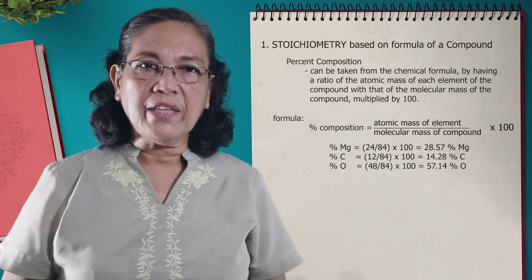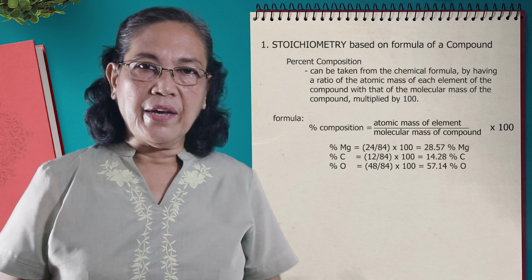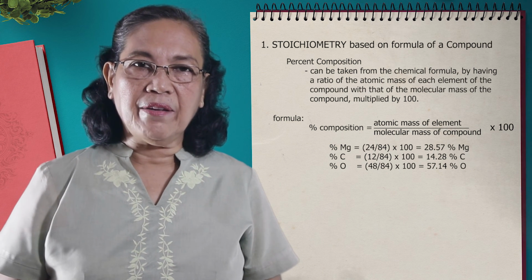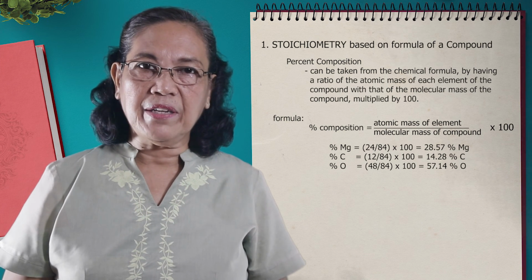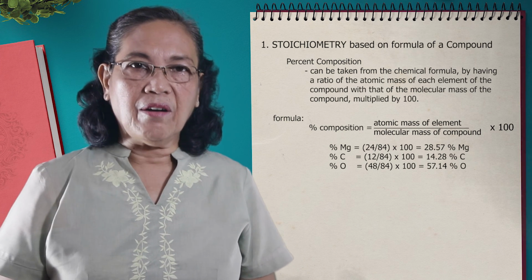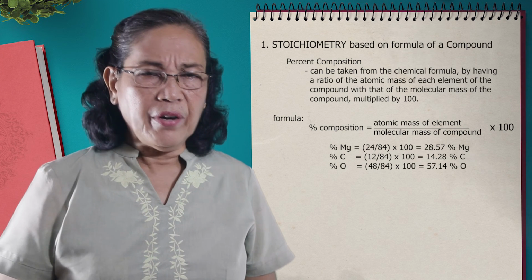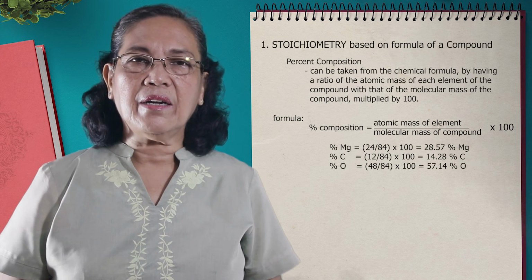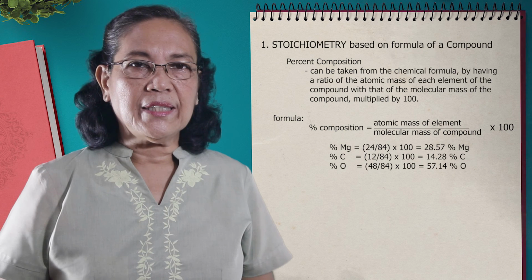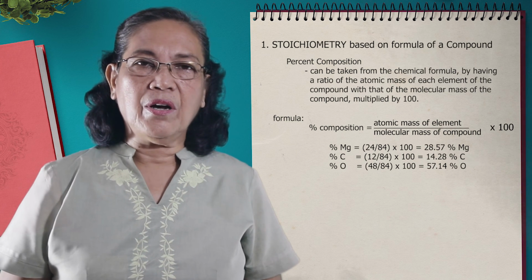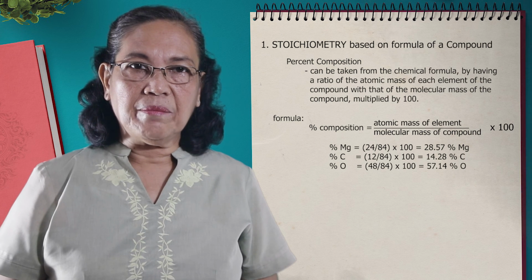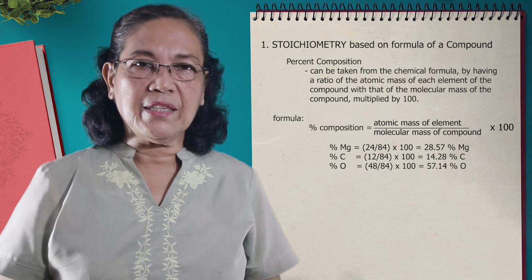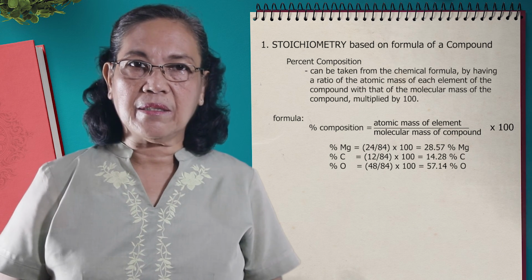And for percent oxygen, we have 48 divided by 84, so it gives us 57.14% oxygen. If you sum up all their percent composition, it would total to 100%, implying that magnesium carbonate is a pure substance.